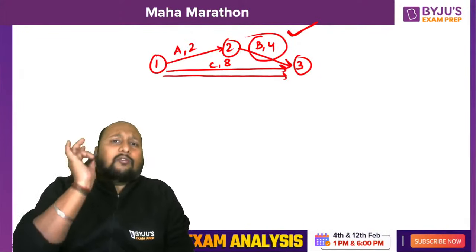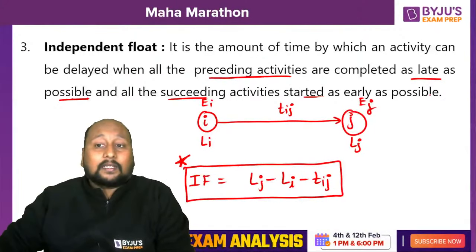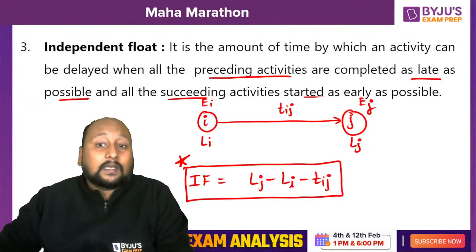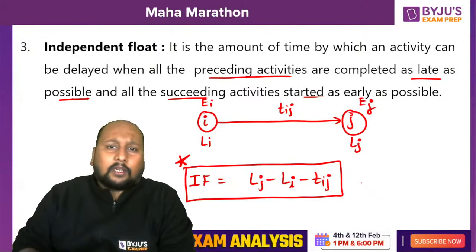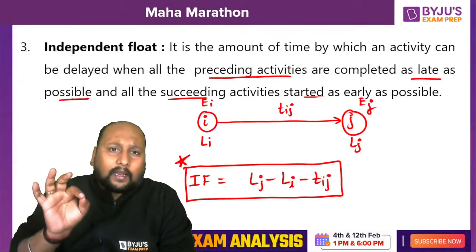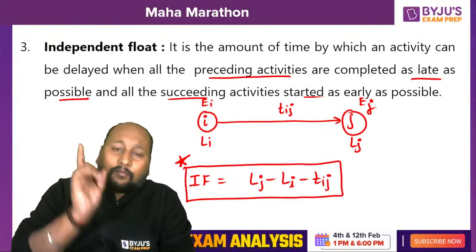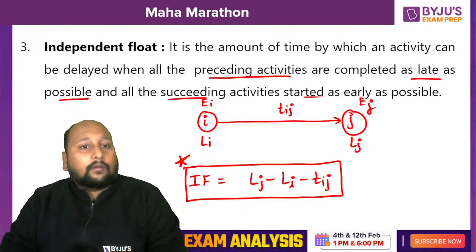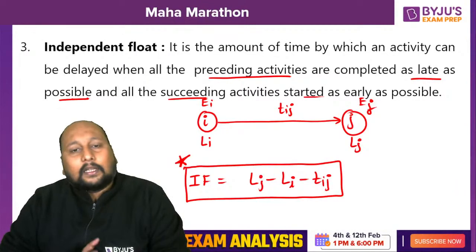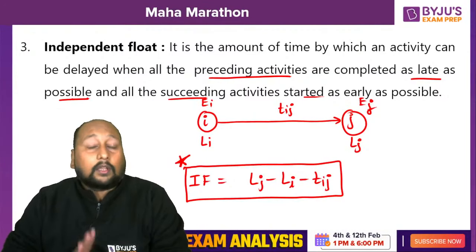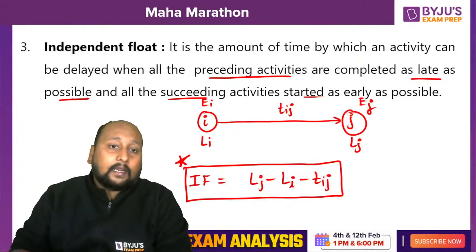And there is one more formulation, because the statement is saying all the preceding activities are delayed as late as possible and all succeeding activities are started as early as possible. It's a very simple formulation. If you subtract the head event slack from the free float, we get the value of independent float, right?